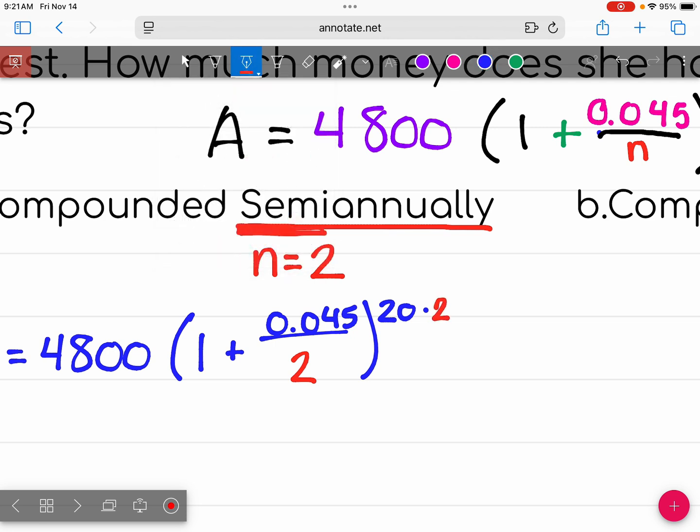So we divide our rate by the n, and we multiply our exponent by the n. From here, we can type it in the calculator and get an actual value. We can simplify a little bit and put our 20 times 2 in as 40, or we can put it in the calculator and hit the exponent and just type 20 times 2. As long as it stays in the exponent, you are golden.